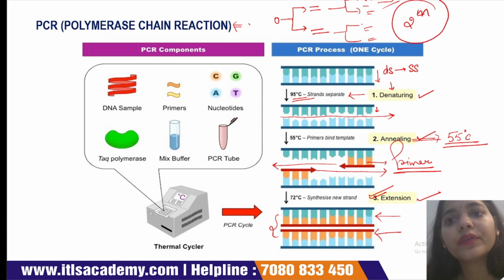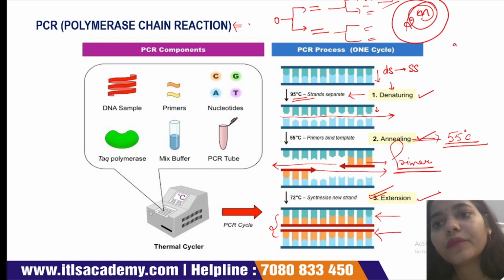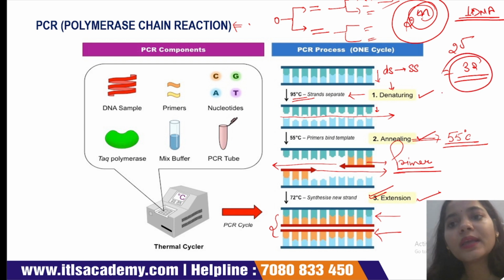This formula will apply: 2 to the power N, where N is the number of cycles. If we perform 5 cycles, the number of DNA molecules is 2 to the power 5.